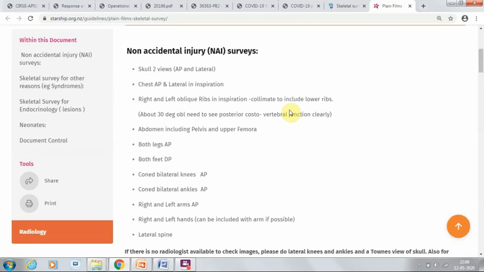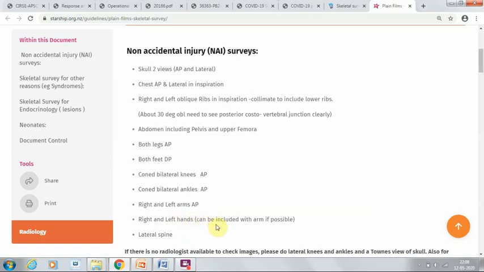In such cases, skull two views, AP and lateral. You can see here chest AP view and lateral in inspiration. Then to see the ribs, we'll take different angle views. Abdomen, which includes pelvis and upper femora, and both legs AP, feet, the knee, ankle, arm, hand.